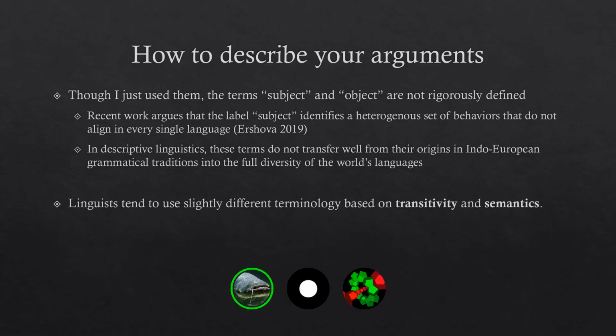We'll talk about ergativity, but there are some languages for which it doesn't really make sense to talk about a subject, because you don't have one argument or position in your clause that behaves in all the ways that a subject does in English, for example. Essentially the notion of a subject is very much based in Indo-European grammatical traditions that cause us a headache when we try to translate to the cross-linguistic diversity of the world.